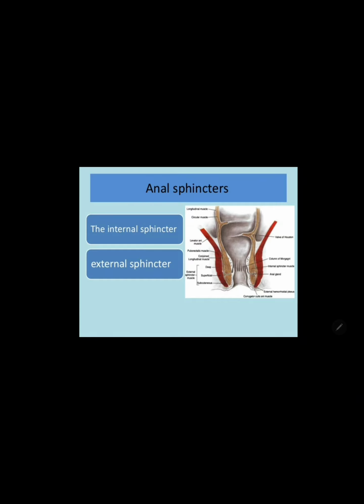With defecation, it relaxes and angle straightens, allowing the downward force for the act of defecation, and non-relaxation of puborectalis results in constipation. And coming to the anal sphincters, there are two sphincters, internal and external.